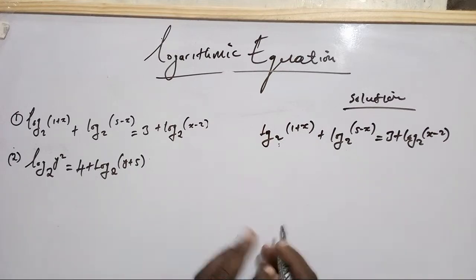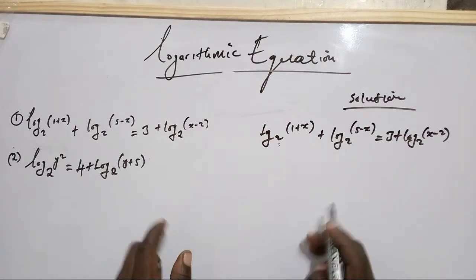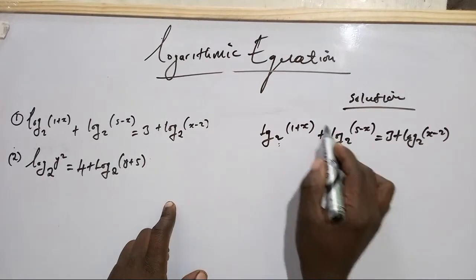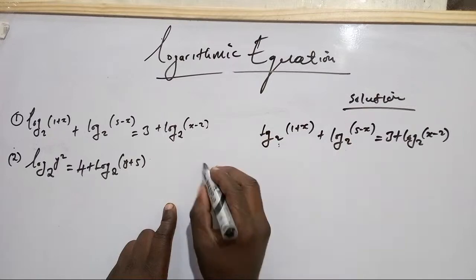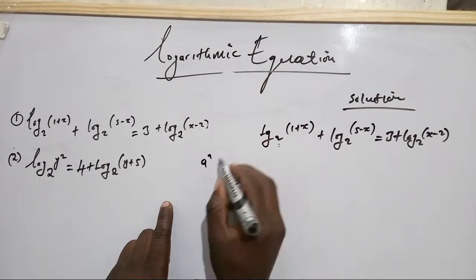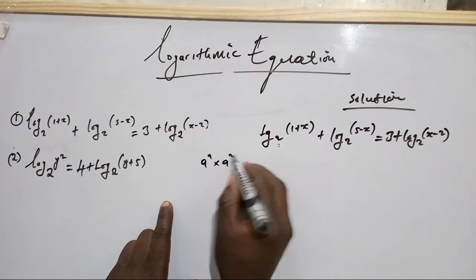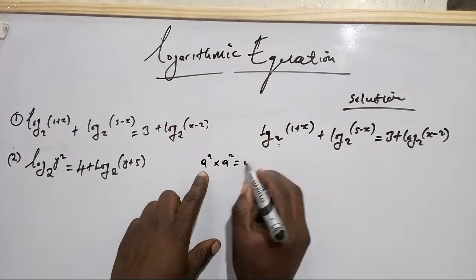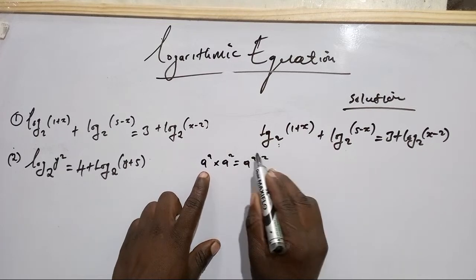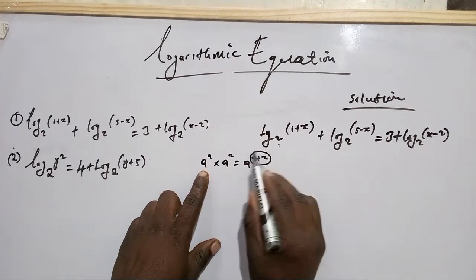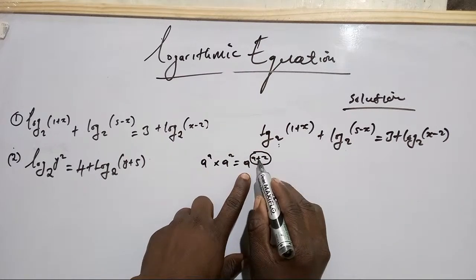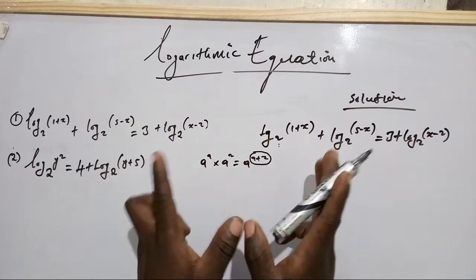If in indices you have a^9 multiplied by a^2, this is equal to a^(9+2). Logarithms do it the opposite way.